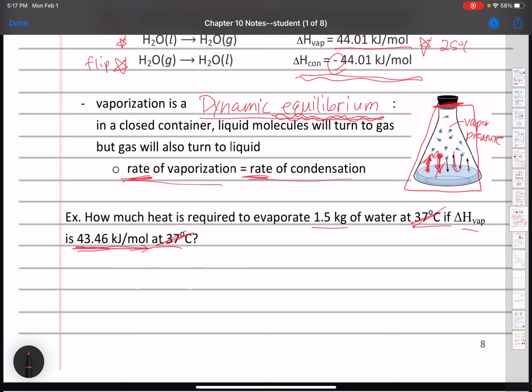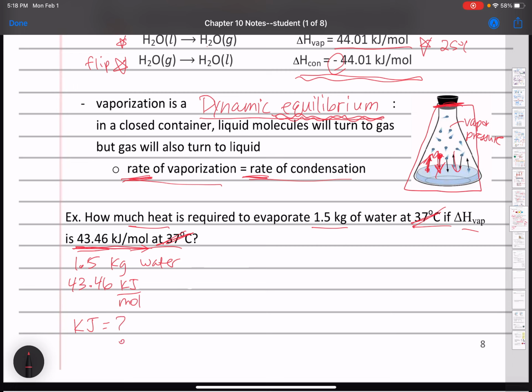What we care about is that we have 1.5 kilograms of water, and the heat of vaporization is 43.46 kilojoules per mole. And we want to know how many kilojoules, how much heat.